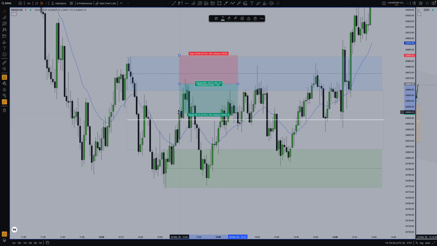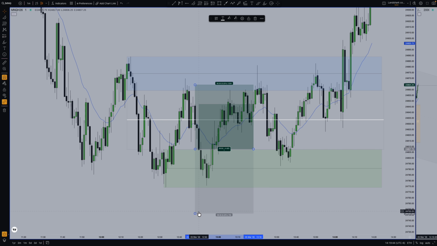Okay? Still target the 50 or the midpoint between the CSSs. You could do that. What about the bottom? All right. If you had got in right here, stop at the bottom of the CSS.